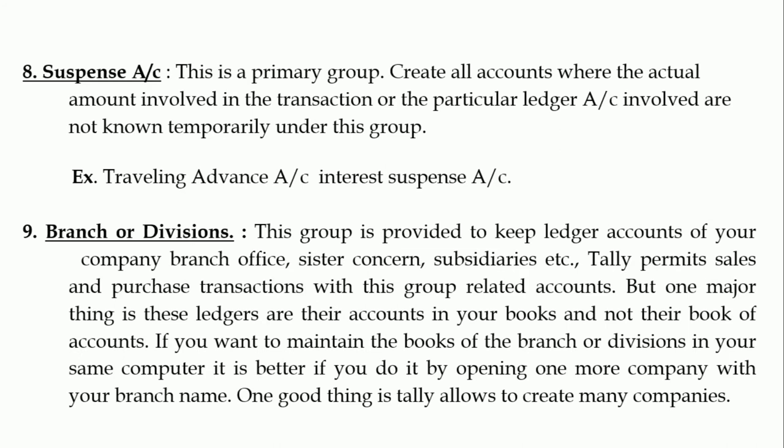But there is one general saying in the accounting field: do not be tempted to put in the suspense account, since many number of ledgers under suspense may create suspense in the accounting field. So that's why we will try to avoid suspense account, and sometime like which is essential, then we can go for suspense. Traveling advance, interest suspense, these things we can take under suspense account.